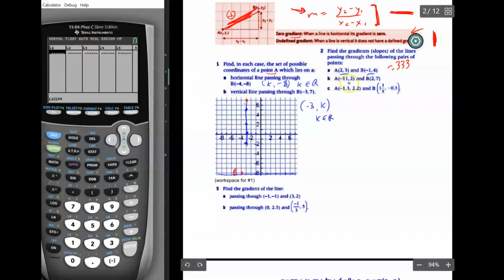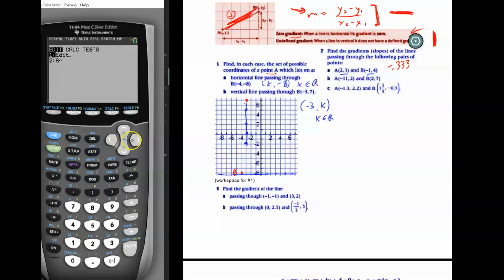Okay, so now I'm going to put -11.2 for my first row. -11.2. And then for my second row, I'm going to put 2, 7. And then I'm going to do stat calc linreg.